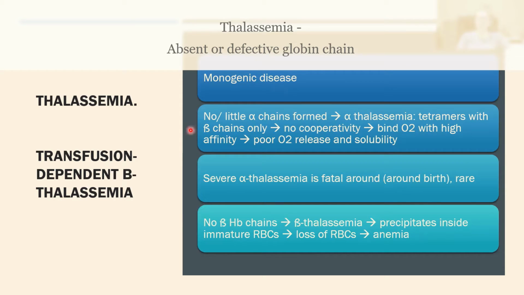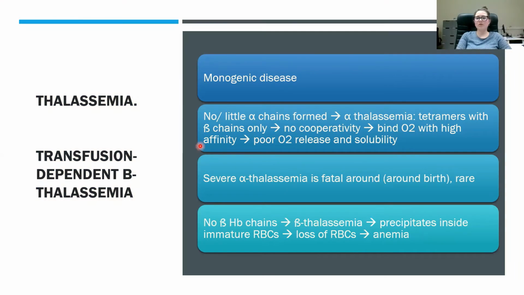If we are talking about alpha thalassemia, then no or little alpha chains are formed, and we have hemoglobin tetramers with beta chains only, and then hemoglobin does not show any cooperativity in oxygen binding, meaning that hemoglobin binds oxygen with very, very high affinity, as we saw with the example of myoglobin, and this leads to poor oxygen release to tissues and poor solubility of the whole hemoglobin protein. And sometimes this kind of thalassemia can be fatal.